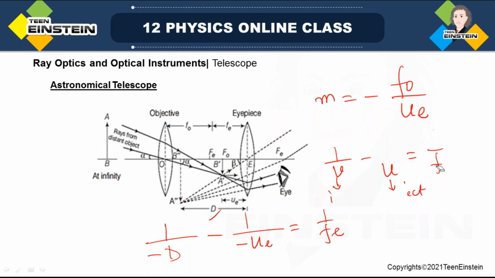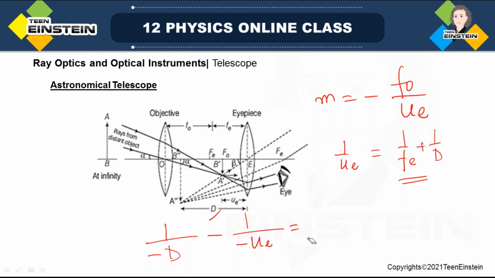Then we can put it in the expression of the angular magnification of the astronomical telescope. So 1 by u is equal to 1 by fe plus 1 by d. We'll just put it in the expression of the magnification, and then we'll get the final magnification.